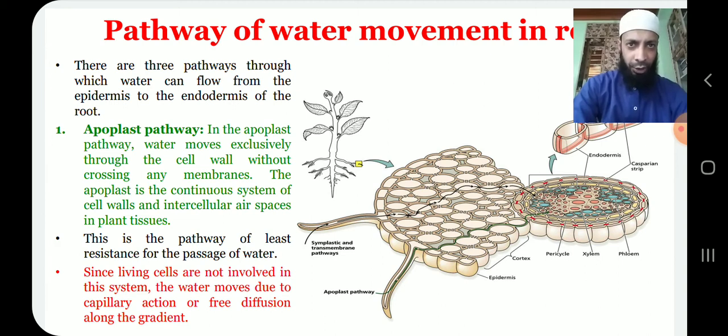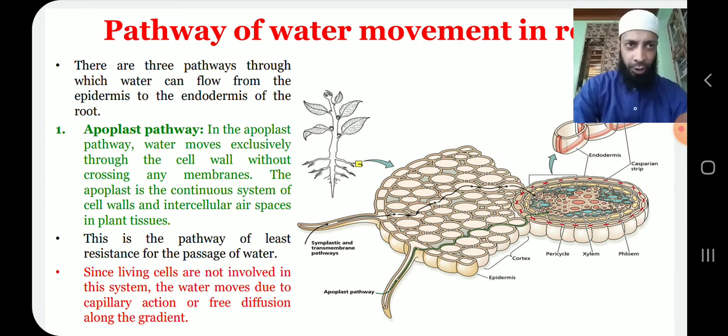First one is called apoplast pathway. In this type of pathway, water moves only through the cell wall without crossing any membrane.